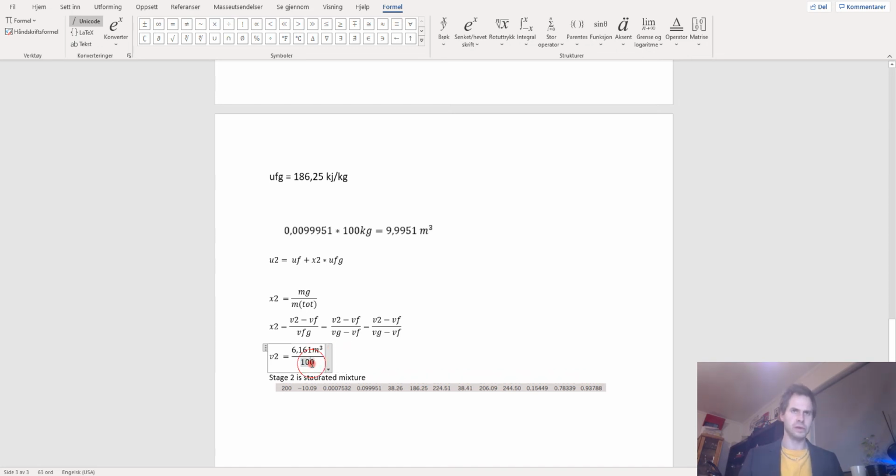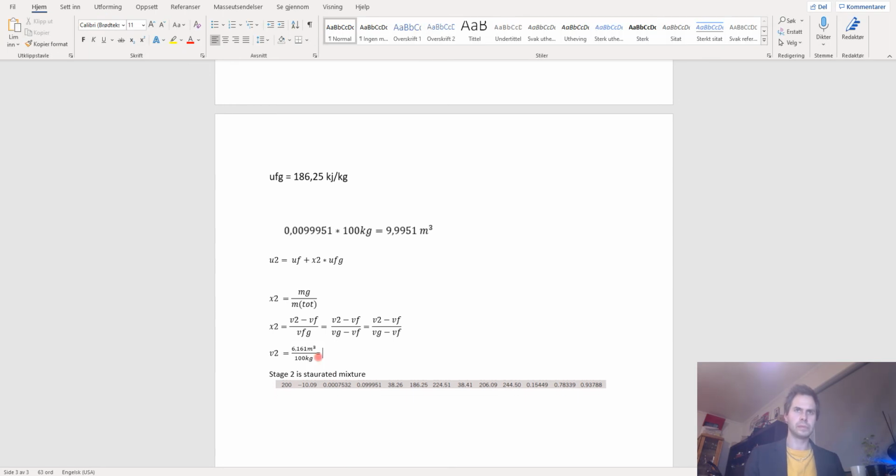Then you find that, you see, and that is 0.06161 cubic meter per kilo. That's what it is.